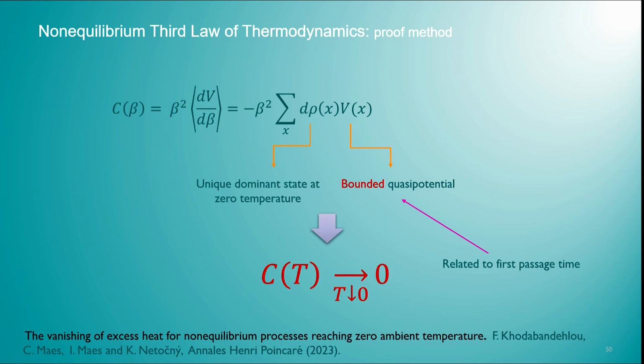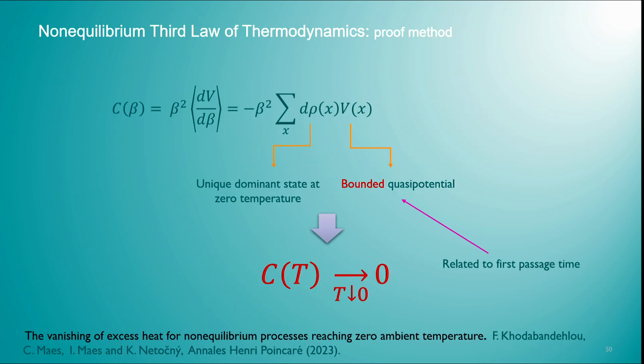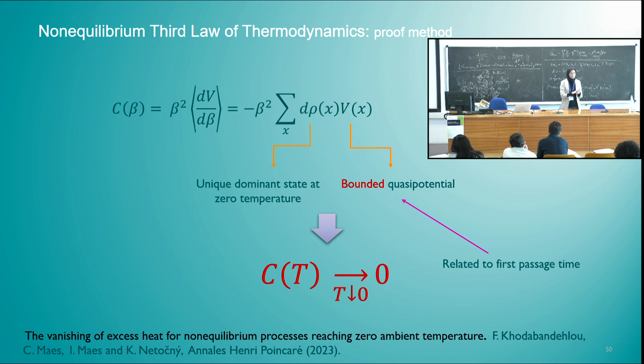We understood with solving the Poisson equation that the quasi-potential is related to first passage time. Imagine I have a system with a unique dominant state. At zero temperature, all of the particles want to come here to meet the unique dominant state.